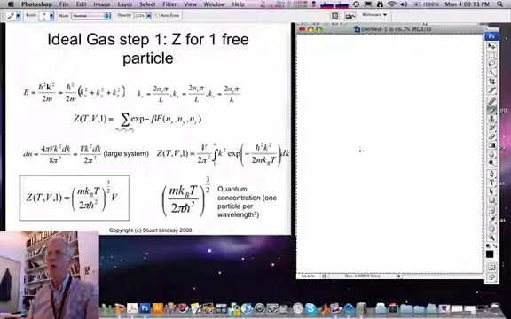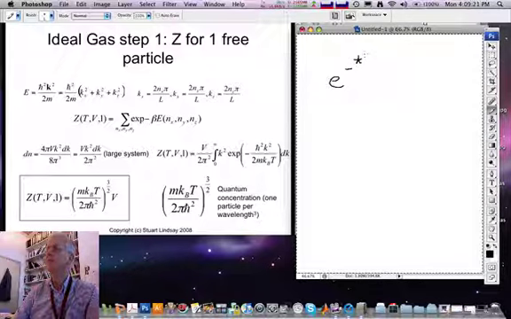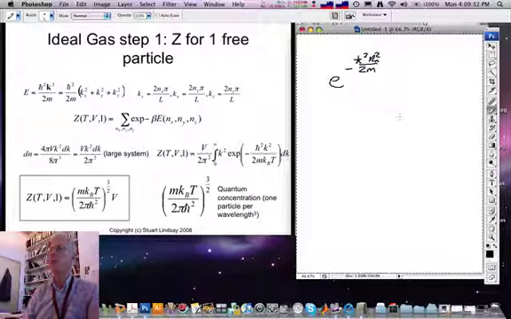So then what we do is write down the Boltzmann factor in these energies. This is some particular k_n, and we sum these over all n_x, n_y, and n_z to find the single particle partition function.